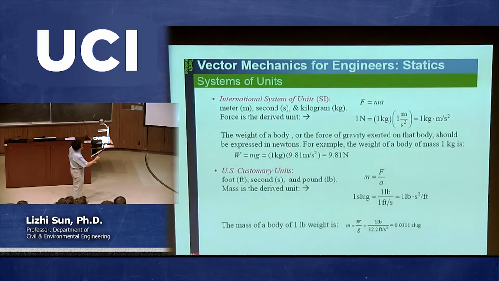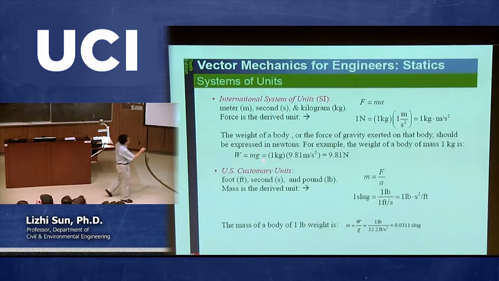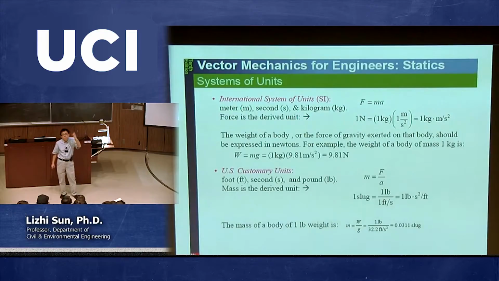The other thing I want to mention is this. For some questions, we'll be using international system units, right? If that's the case, whenever we talk about self-weight, typically we give you the self-weight in terms of kilograms. So you need to multiply with 9.81 to transfer kilogram into Newton, because kilogram is not the unit for force. It's a unit for mass.